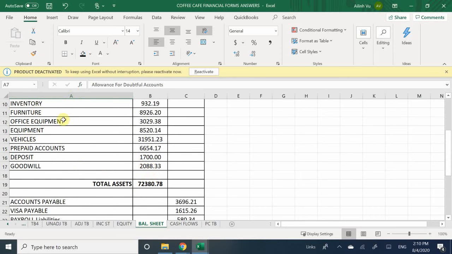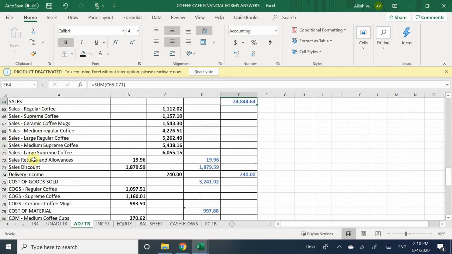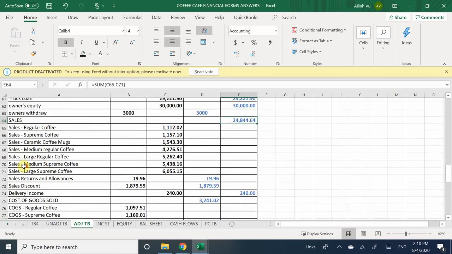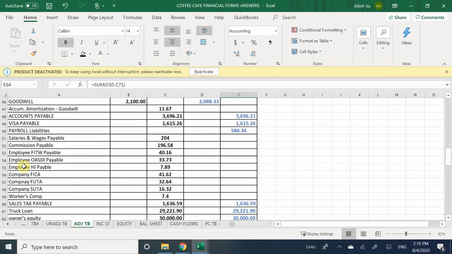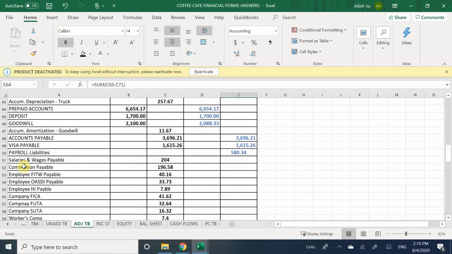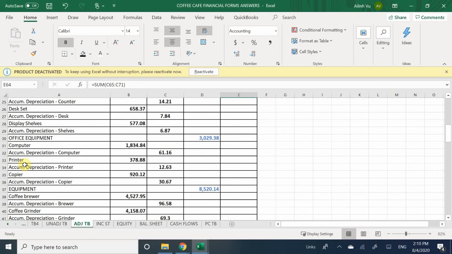So once we list all of our assets, right? Notice we had goodwill. It was for 2,100, and we just revalued it to $2,088, right? Because if we look here in our adjusted, under that very same one, because they're contra accounts, they can be combined together to show a total of a main account, right?